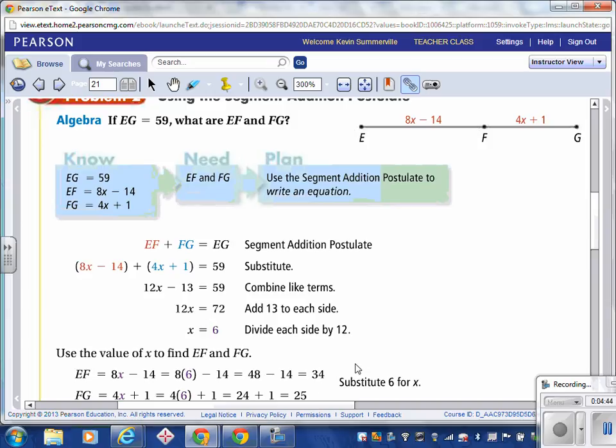Then if you substitute x in the other equation for the 4x plus 1 up here in this line segment, you'll get 4 times 6 plus 1, which is just 24 plus 1 equals 25.